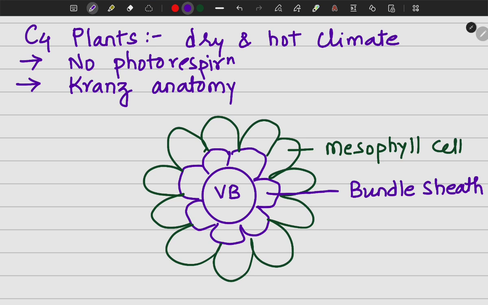That means if the concentration of oxygen increases, as in the case of closing of stomata, that oxygen will not be able to enter the bundle sheath, and it is inside this bundle sheath layer that Rubisco is present in C4 plants.